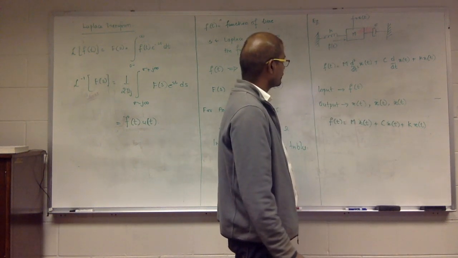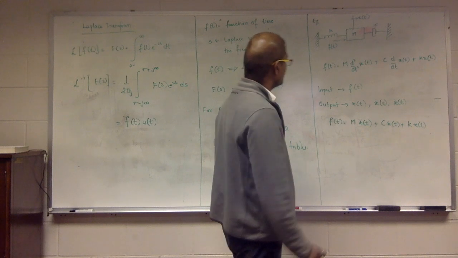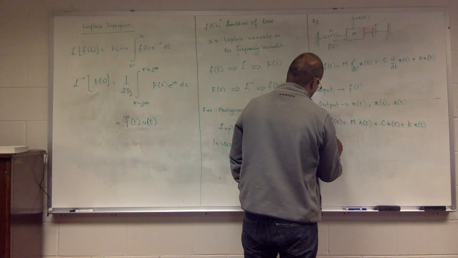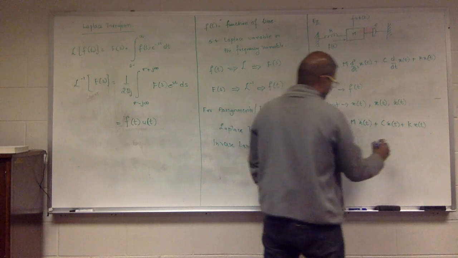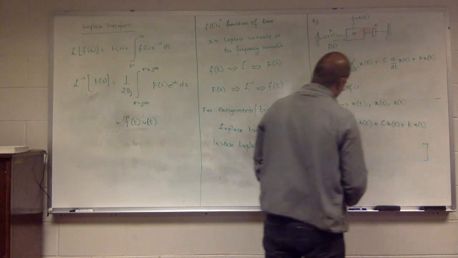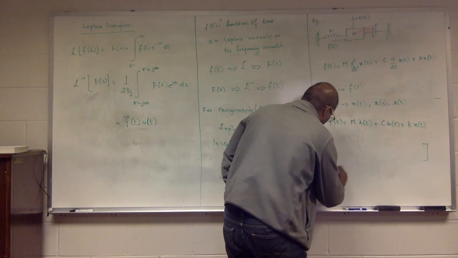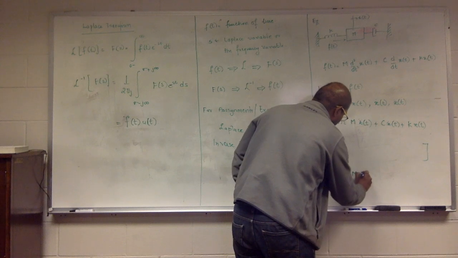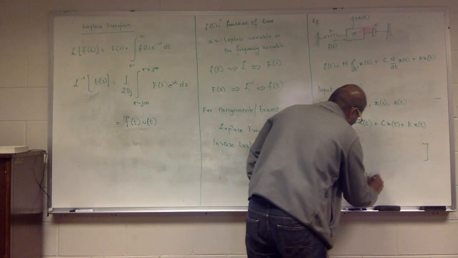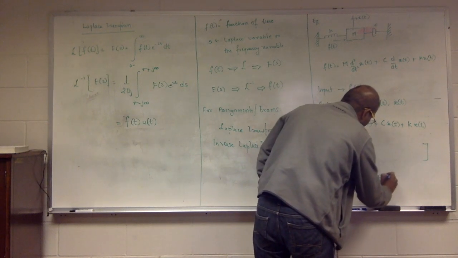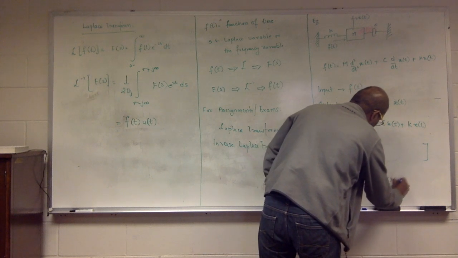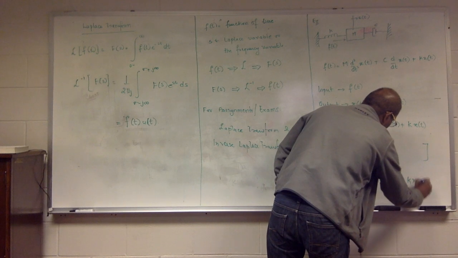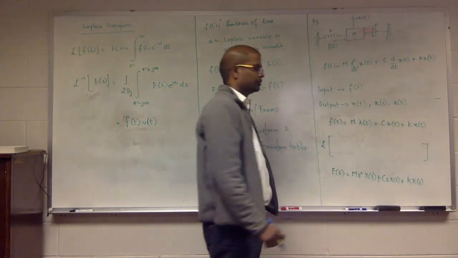All right. Now, if you apply Laplace transform to this, so Laplace of this entire thing will get you F of s equal to m s square X of s plus c s X of s plus k X of s.